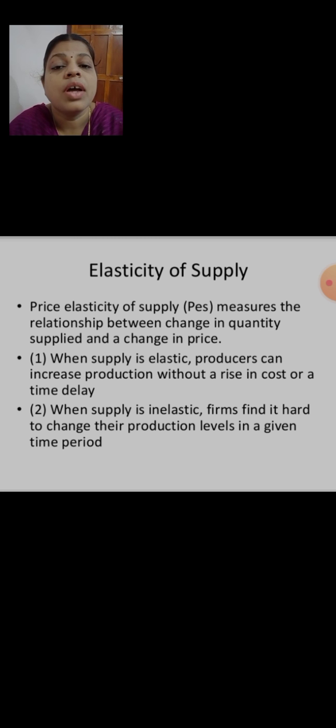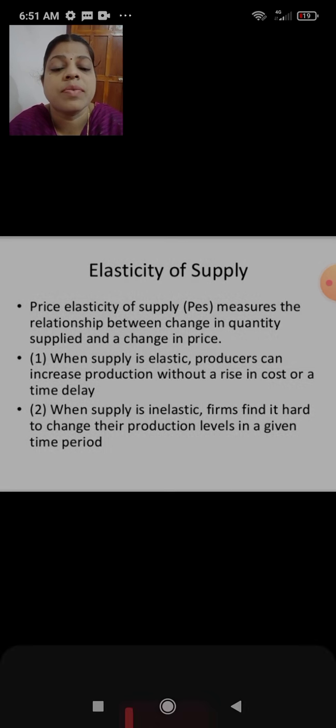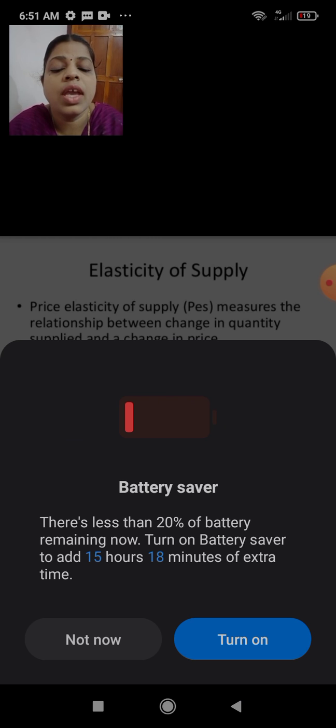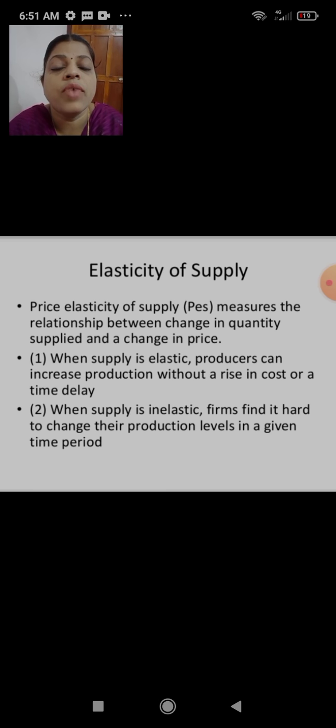Whereas if the price is less, the suppliers are reluctant to supply their commodities in the market, because we know that they always aim to maximize their profit in the business. So if they sell the commodities at low prices, they have to incur losses.